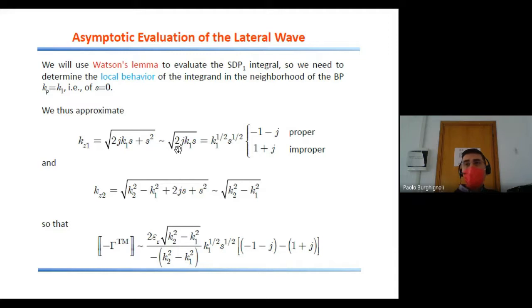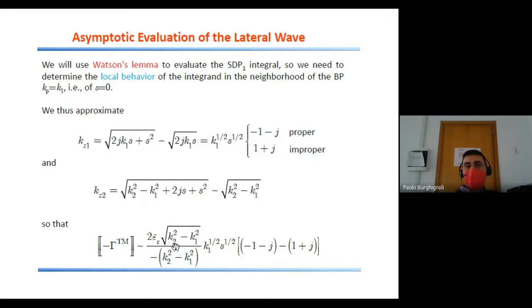The square root of 2j is exactly what you can see here: minus 1 minus j, or 1 plus j. Whereas kz2, in the limit when s tends to 0, is just this constant, the square root of k2 squared minus k1 squared.